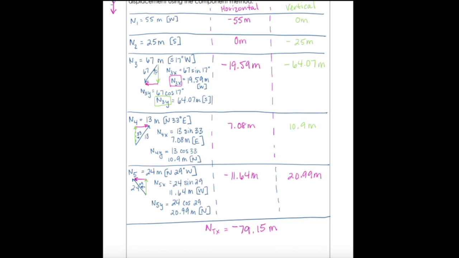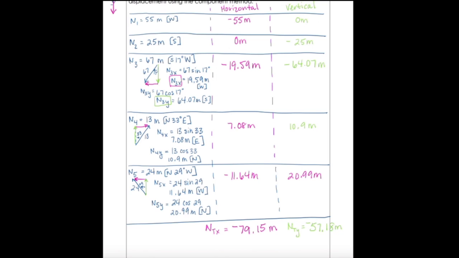Okay, and then our total in the vertical direction is going to be negative 57.18 meters. Okay, and so since it's negative, we know it's in the southern direction.